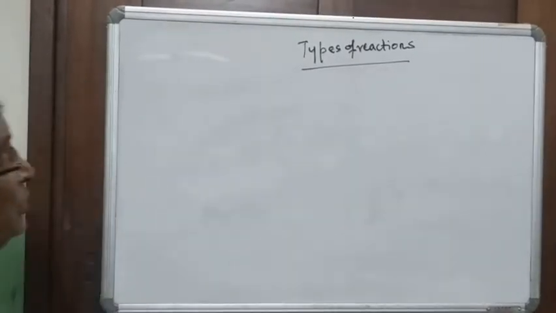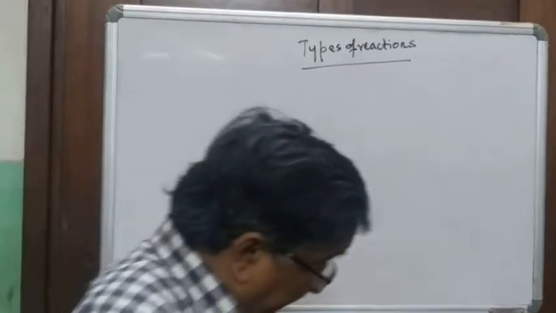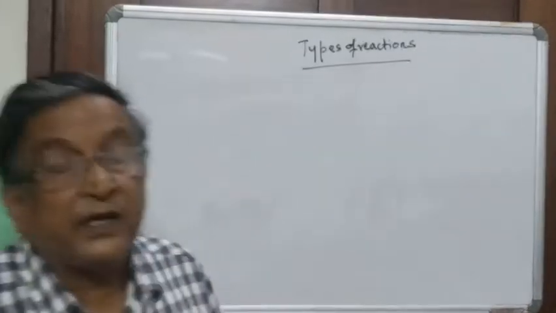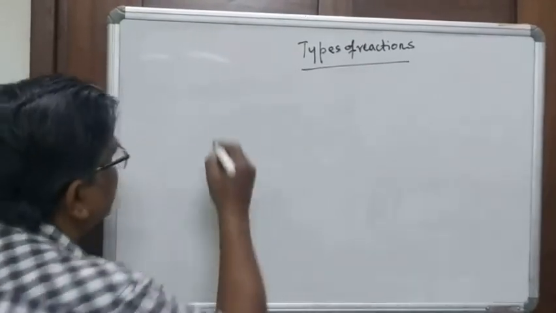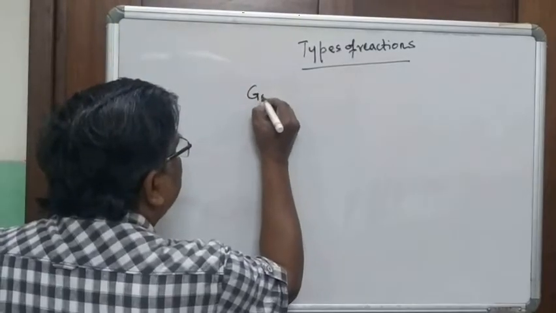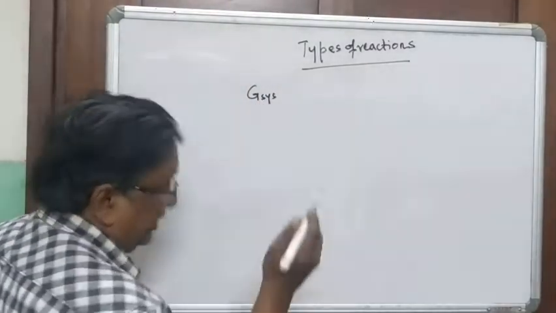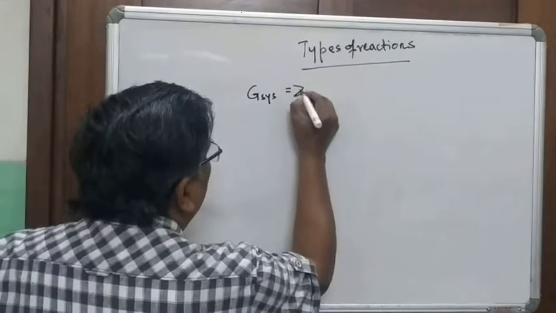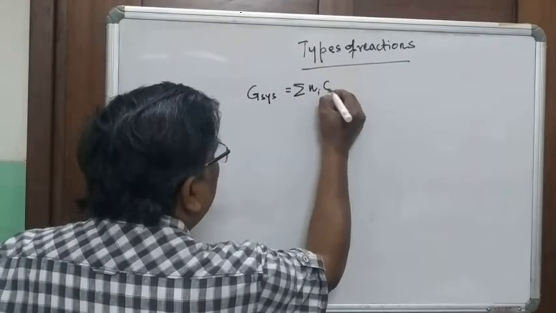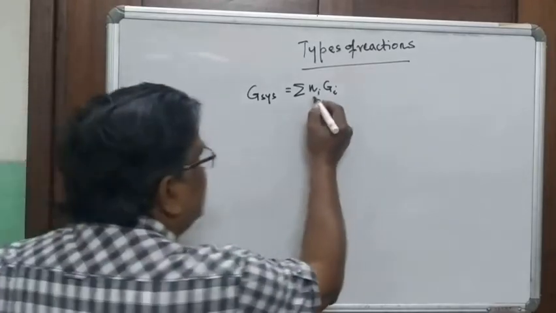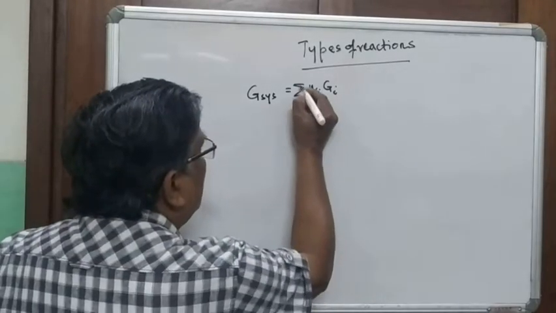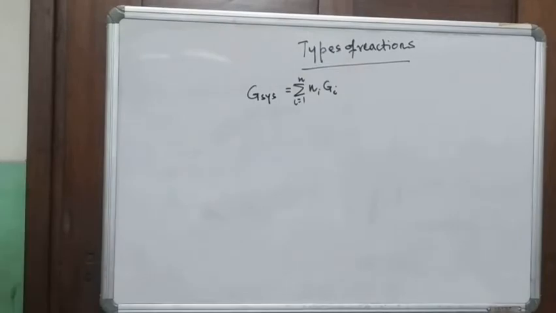So now, the important point here to consider is, you have a system where you have a G system, which is a rock in your case, equal to sigma Ni Gi, where Ni is the number, i equal to 1 to N. So what is N?